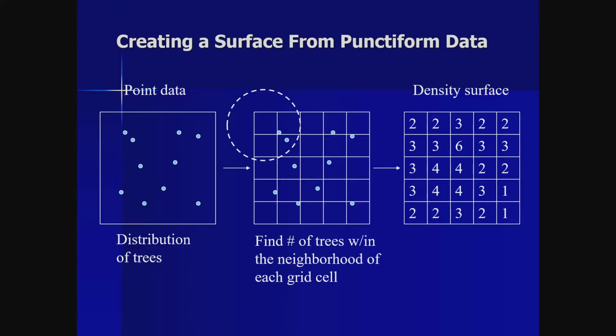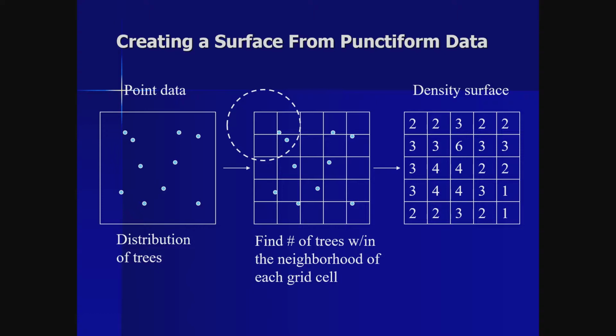So it's still going row by row, the center of every cell, and it's looking out at a certain distance around that. You specify that. In this case, it might be 5 meters. So it creates a density surface where it counts up all of the observations inside of that circle.